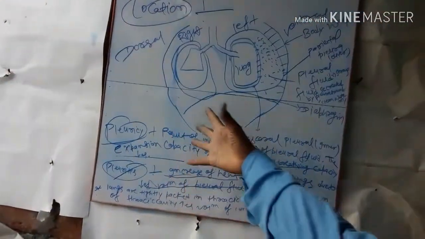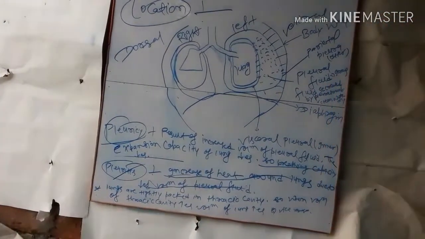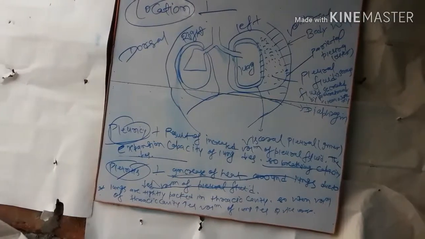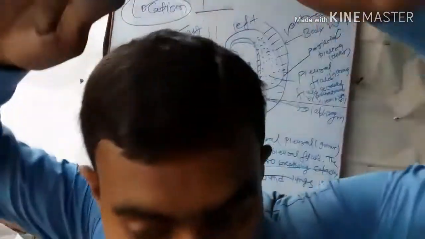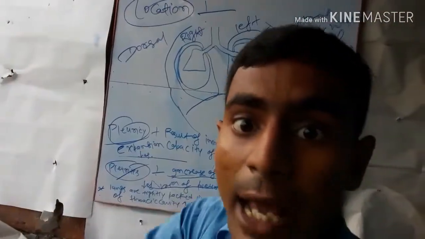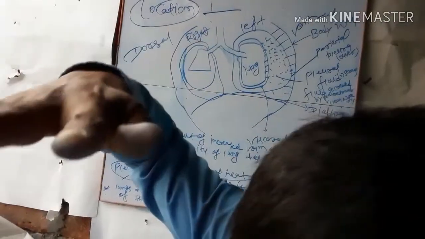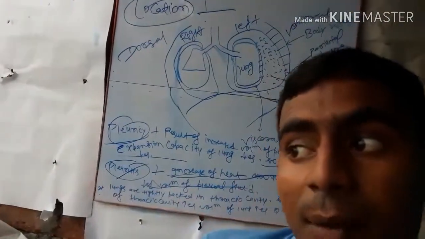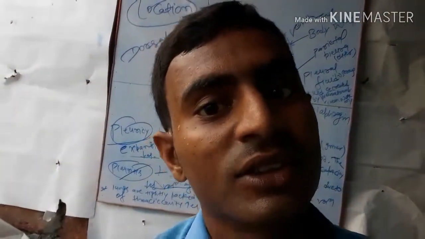Then inhalation will happen. When the volume of the thoracic cavity decreases, the volume of the lungs decreases and pulmonary air pressure increases relative to atmospheric air pressure, then exhalation will happen.